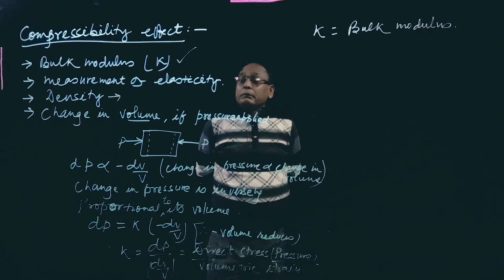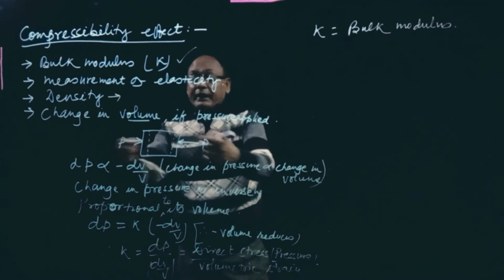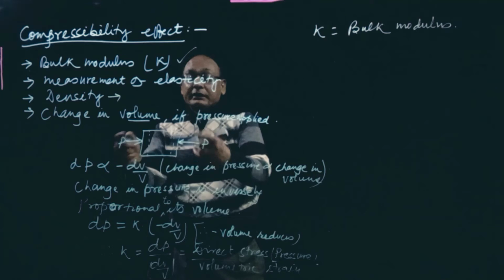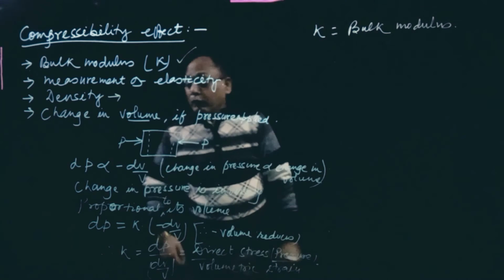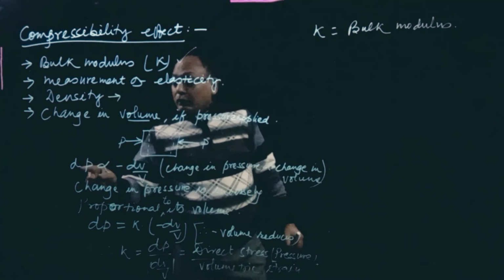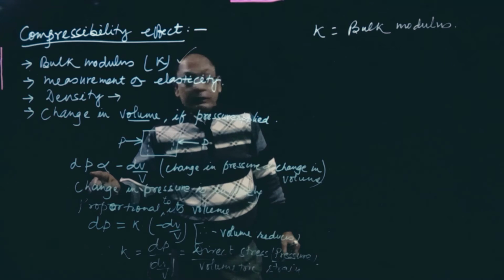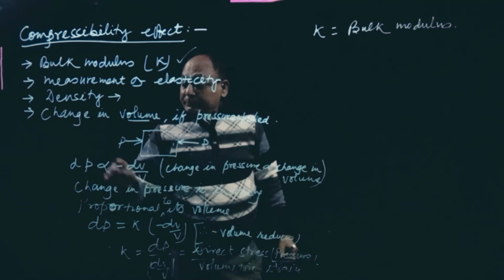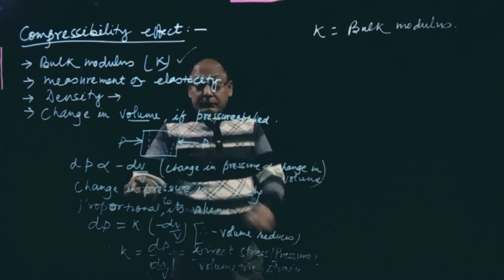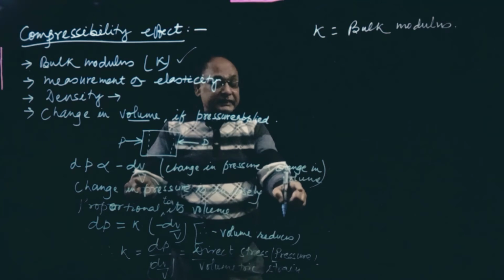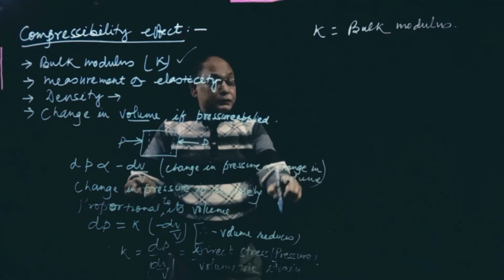Change in volume if pressure is applied. See in the figure, if we apply the pressure, there will be changes in volume. Change in pressure is directly proportional to change in volume.